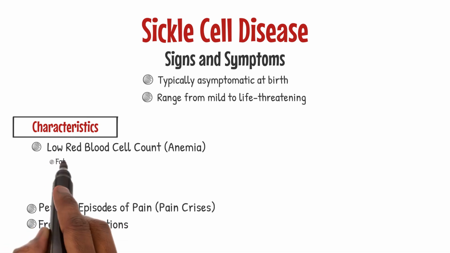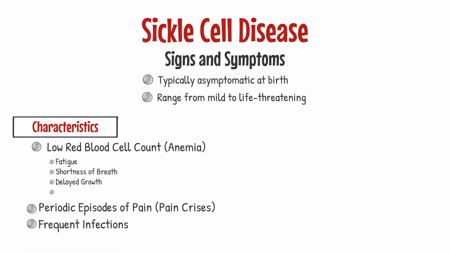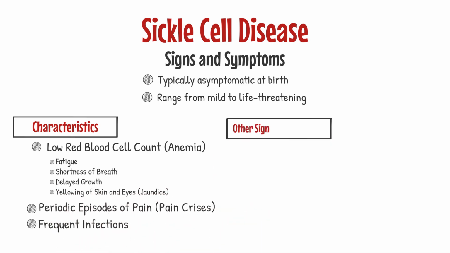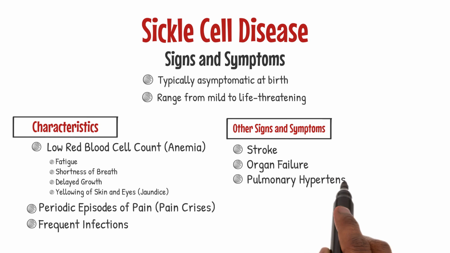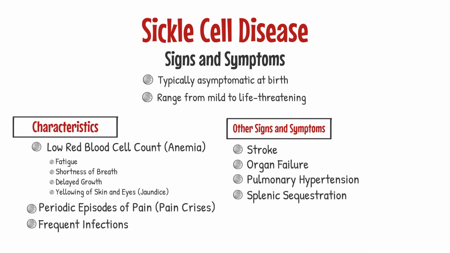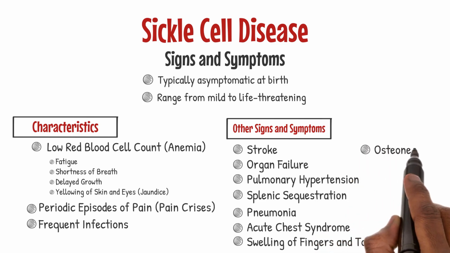Anemia can cause fatigue, shortness of breath, delayed growth, and jaundice or yellowing of the skin and eyes. Stroke, organ failure, and pulmonary hypertension can also occur. Without proper treatment, additional problems including splenic sequestration, pneumonia, acute chest syndrome, swelling of the fingers and toes, dactylitis, and osteonecrosis can occur.